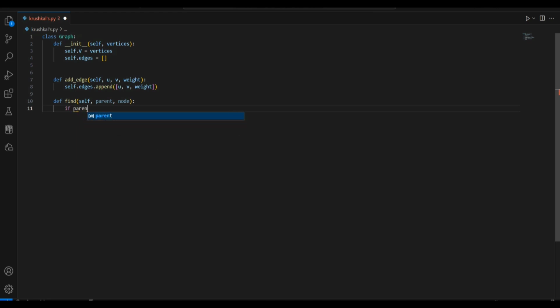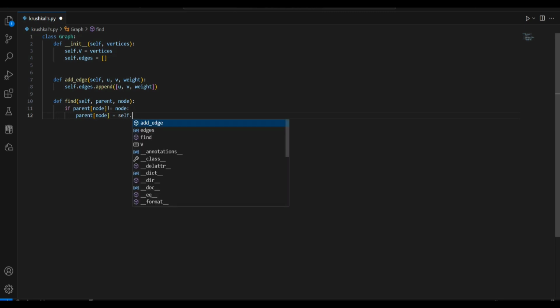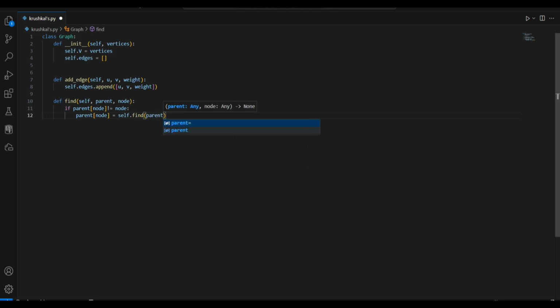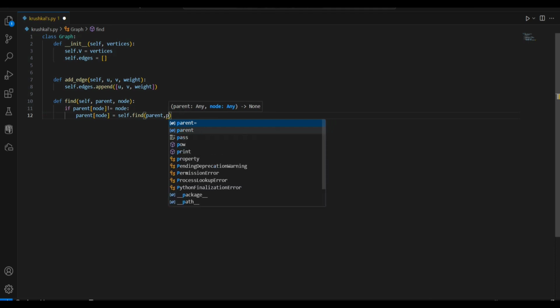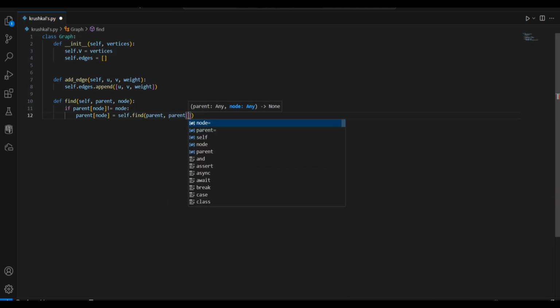Next, if parent[node] is not equal to node, then parent[node] equals self.find(parent, parent[node]). This is path compression. Return parent[node].